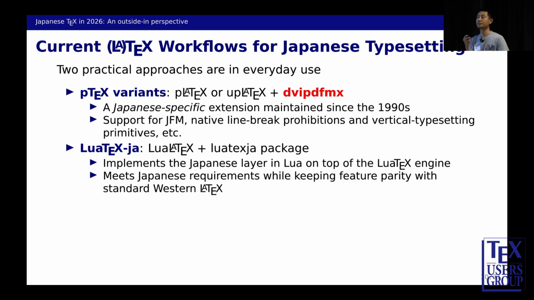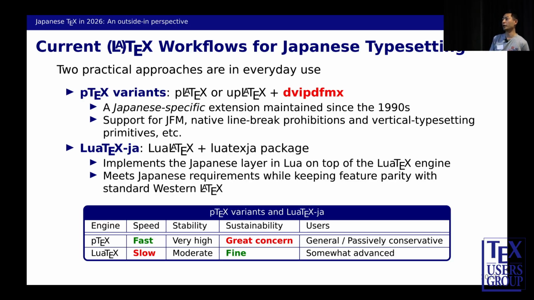We have a special huge macro package called LuaTeX-ja, which is basically TeX and Lua code to realize proper Japanese typesetting on top of the LuaTeX engine. Obviously, this is a more modernized and ideal way of doing things these days, because LuaTeX is intended to be an international and standard engine these days.